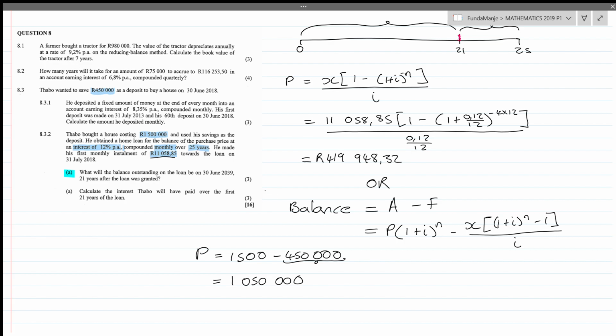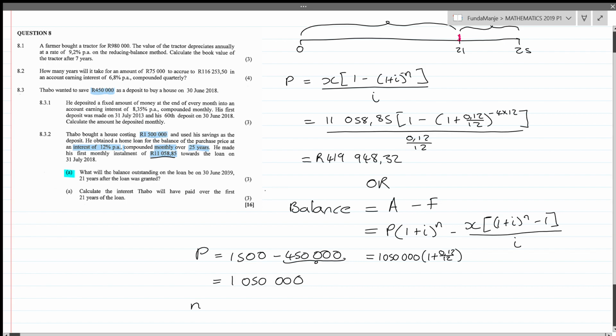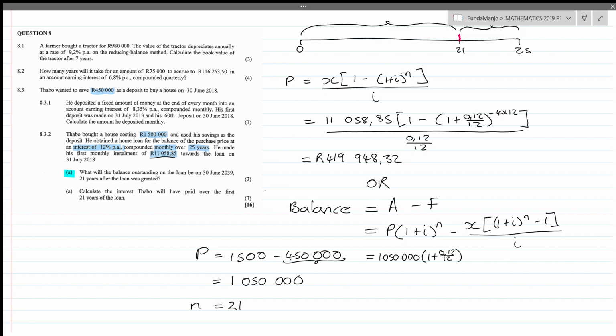So if we were to make our substitutions, we would have for the principal amount 1,050,000, and then 1 plus 0.12 over 12. And how long has it been in there for? How much interest has it accumulated? It has accumulated interest over the 21 years, because that's the period we're trying to evaluate it at. So we would say 21 years compounded monthly, so 21 times 12.